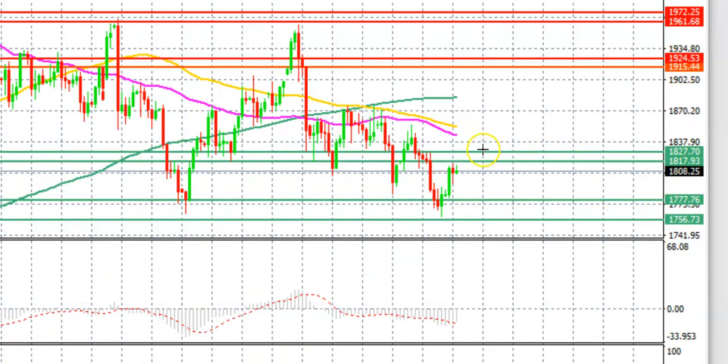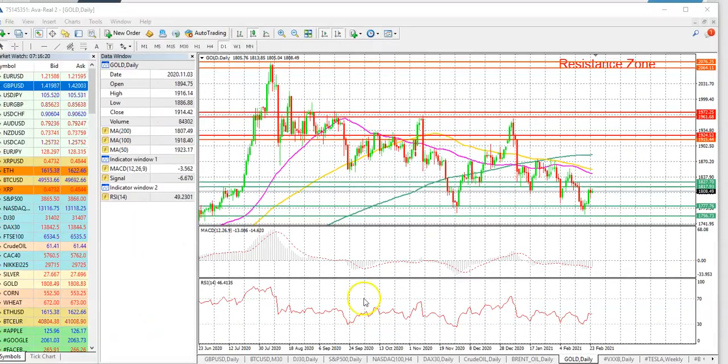The moment the price breaks that on the daily time frame, the price is really going to have the next resistance near the 1840 price level, because then we are going to move this resistance area from here to here, and that would be between 1840 to 1850, because price is likely to have a more challenging time near the 50-day and 100-day simple moving average on the daily time frame. So we will continue to monitor, but so far the summary is that price has moved away from our defined support area.